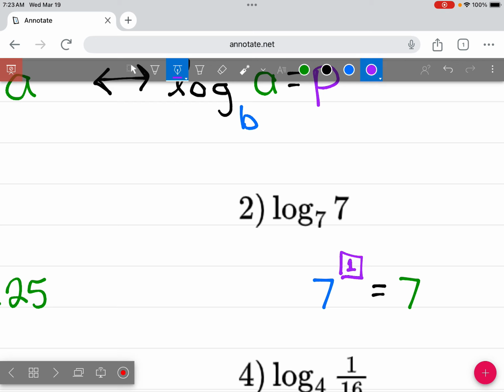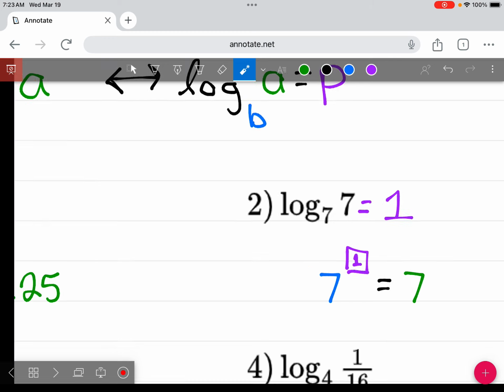Our power would be 1. 7 to the 1st equals 7. So log base 7 of 7 equals 1. Anytime our base and our argument are the same, the power will be 1.